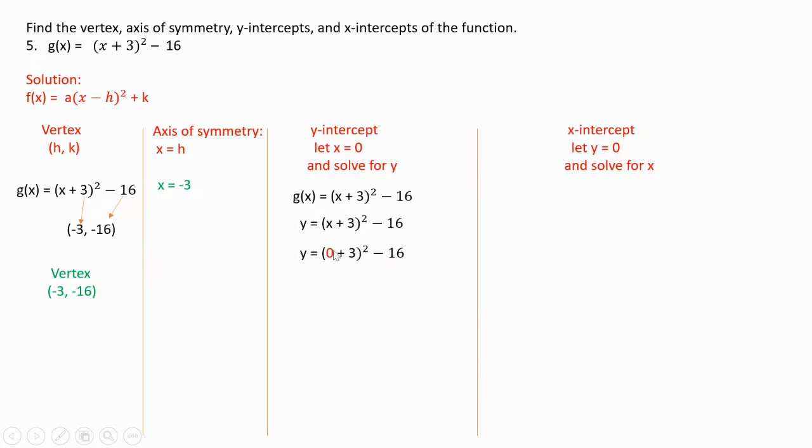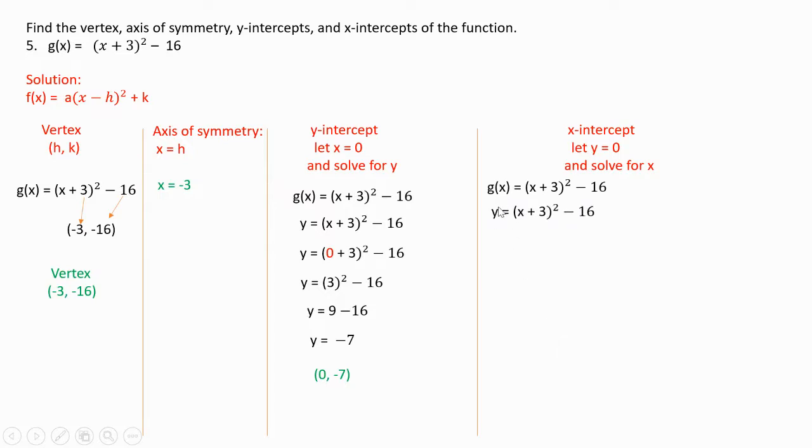If we plug in 0 here, don't we have 3 squared minus 16? This will be 9 minus 16, which gives you negative 7. So this is my y-intercept, (0, negative 7).